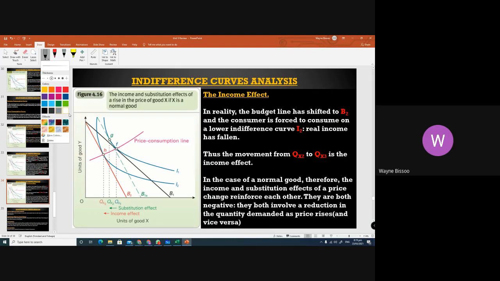They're giving up the good that is more expensive and buying more of the good whose price didn't change, correct? So that they can stay on this first level of satisfaction, I1. That makes sense?